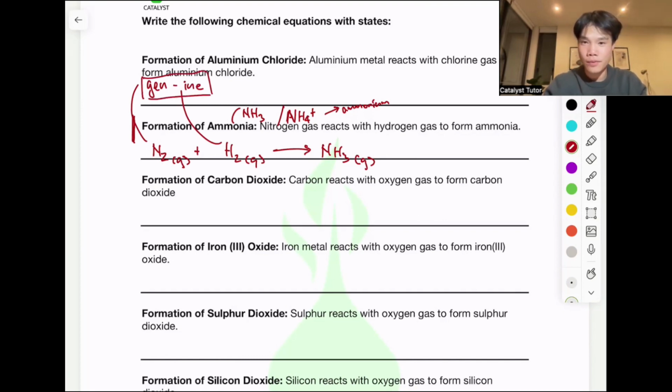If it ends in gen or ends in ene, it'll exist as diatomic molecules. So nitrogen, hydrogen, or for the enes, chlorine, bromine, fluorine, iodine, they all exist as diatomic, meaning they have 2.